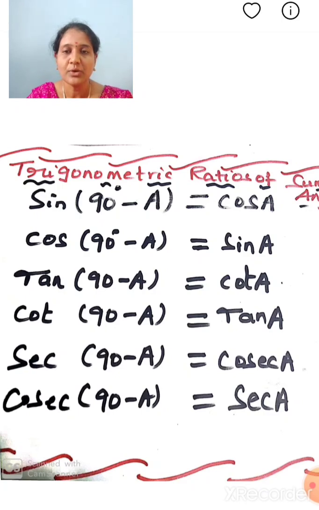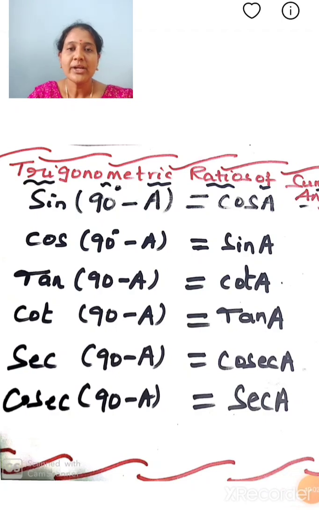Next, the second pair. Tan and cot are friends here, children. For complementary angles, tan will change to cot and cot will change to tan. So tan of 90 minus A is equal to cot A. Cot of 90 minus A is equal to tan A. Likewise, sec of 90 minus A is equal to cosec A. Cosec of 90 minus A is equal to sec A. So you have to learn it properly, children.